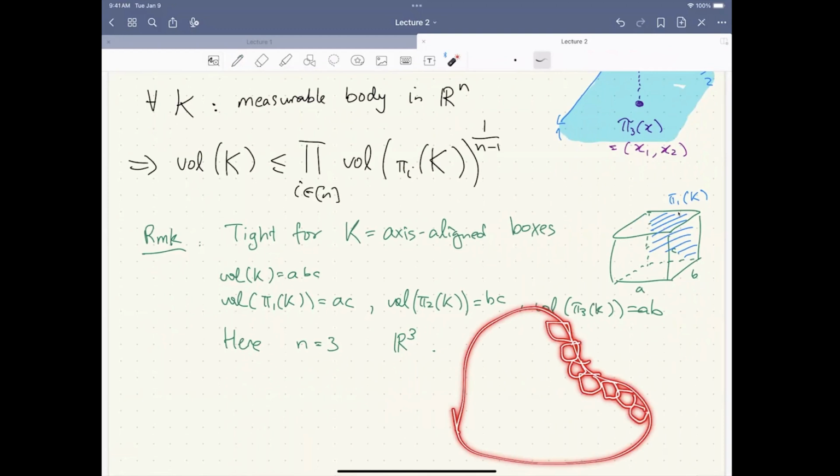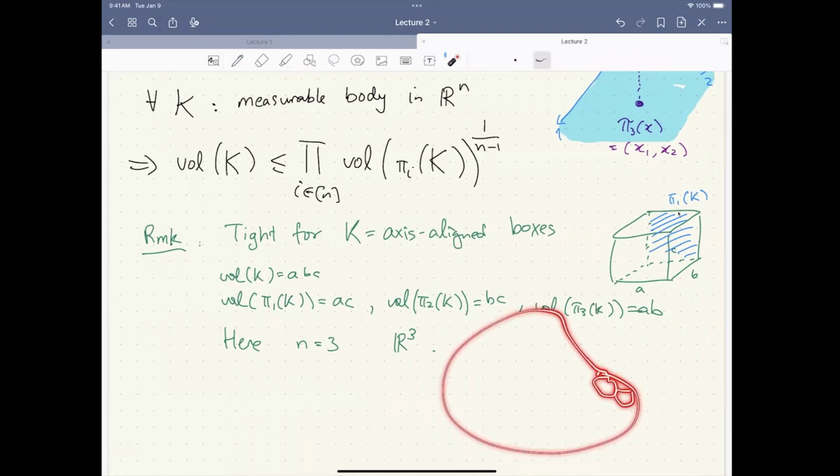And when you take the cubes smaller and smaller, the error at the boundary is going to get smaller and smaller. So you can arbitrarily well approximate it using cubes of the same size, using scaling and then limiting.